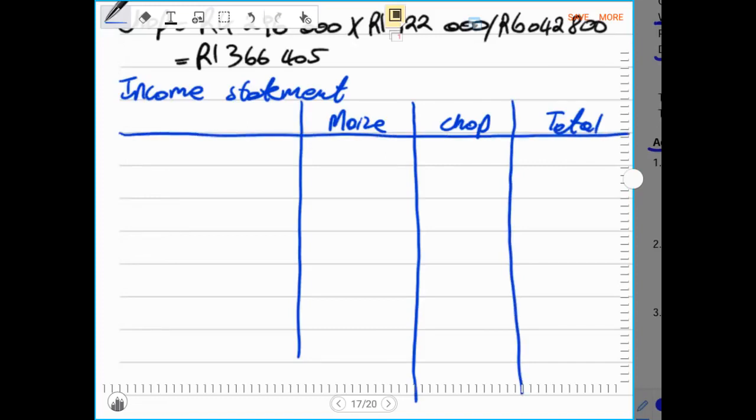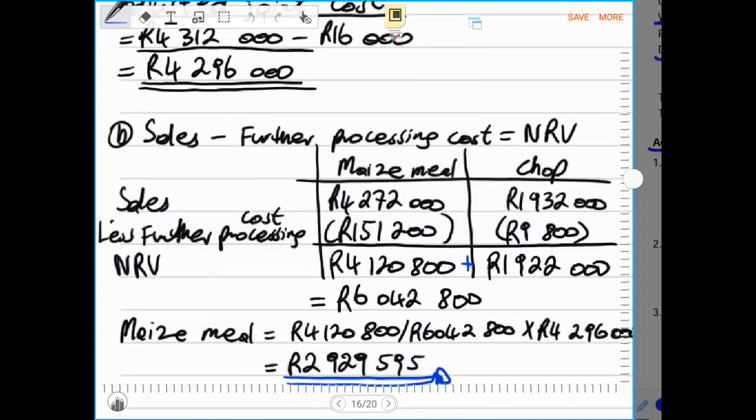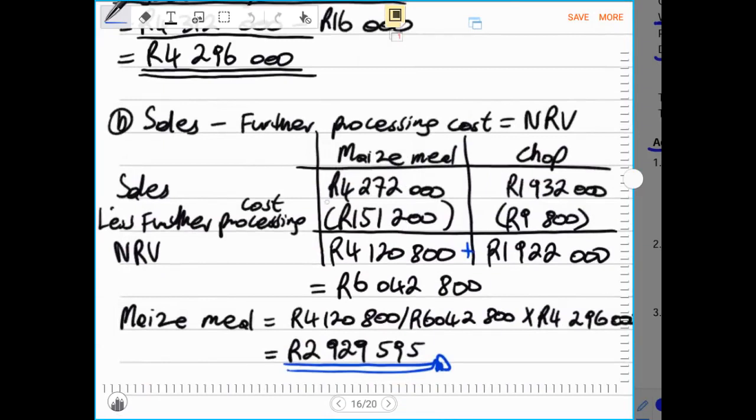First thing that we start with, income statement starts with sales. So now we have recorded the sales. And we know that our sales were already calculated as 4,272,000.